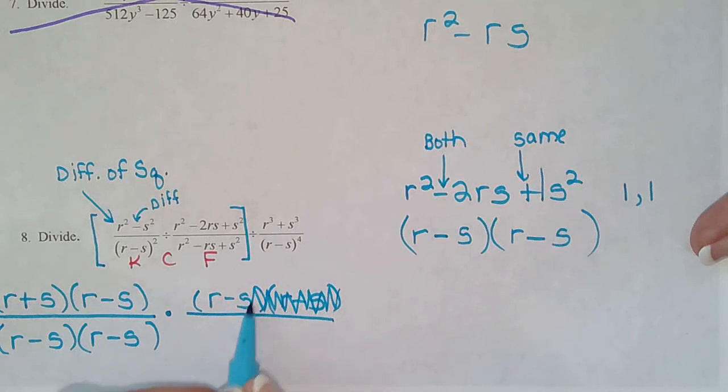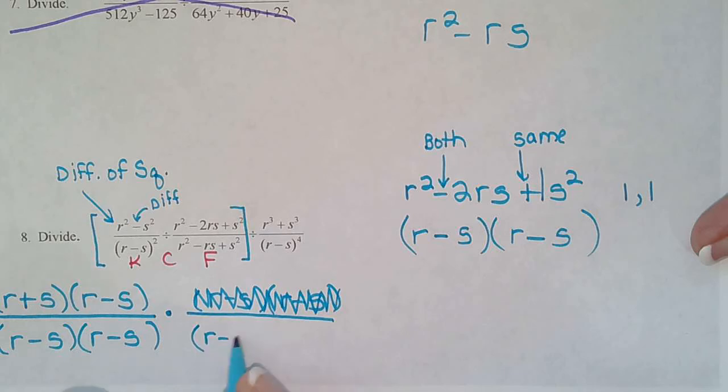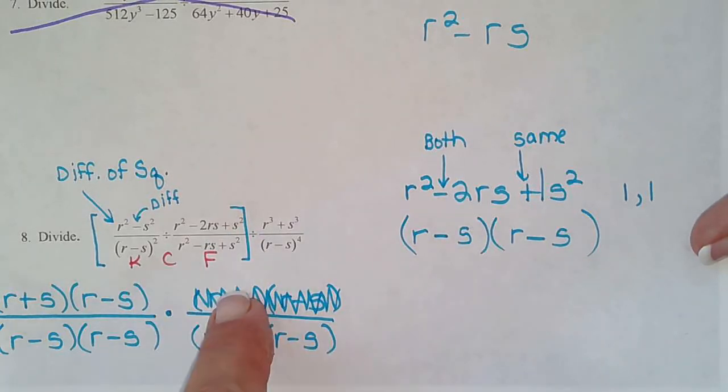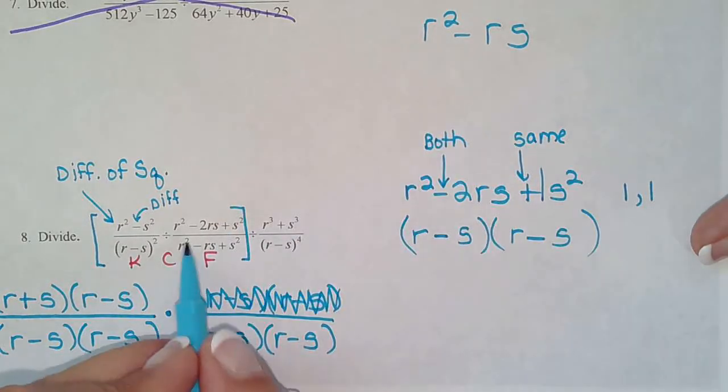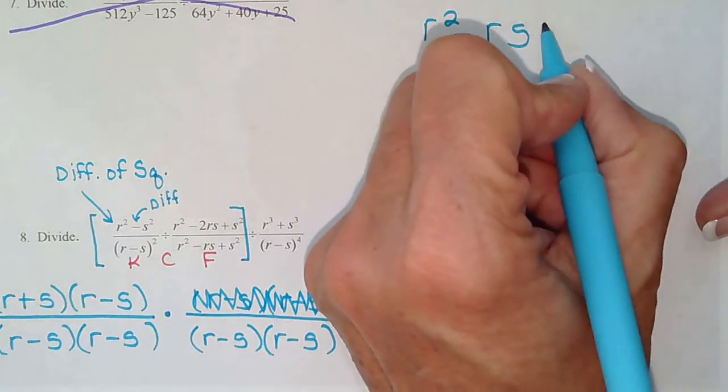I put it in the numerator. Remember, this gets flipped, so this should be r minus s down here. So that was this one, and it goes into the denominator. And then this one's going to go in the numerator, minus rs plus s squared.